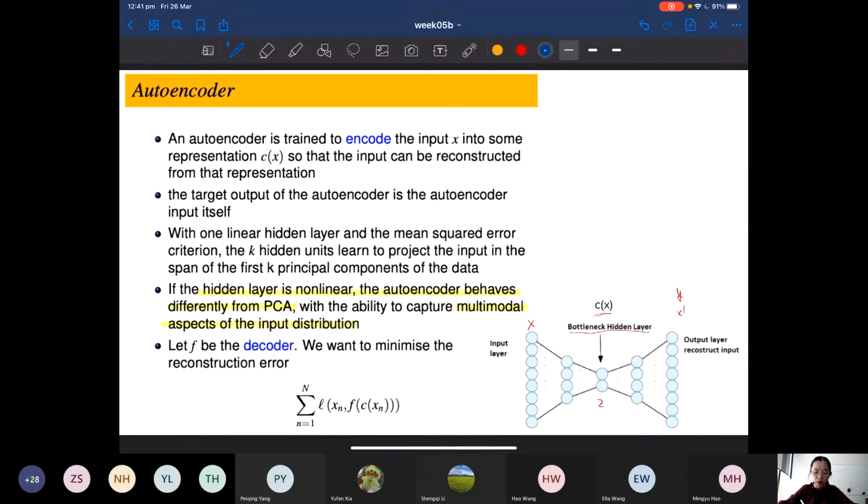In other words, L is some error function, and we want to compute the error between the input X and some function F that covers the reconstruction part, which operates on the hidden representation C of X. So F chained with C of X, compared with the input X, is the loss function. Hopefully that's intuitive enough.